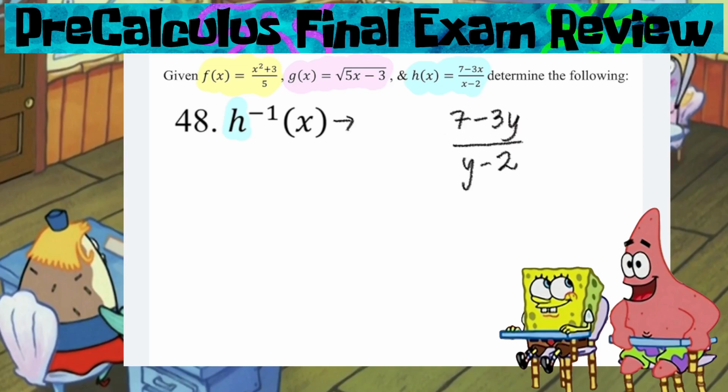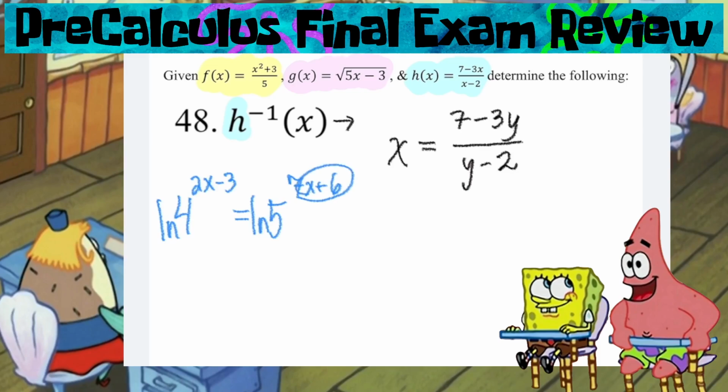solving a natural log equation, where it looked like, I'll show you right over here, let me grab a different color. If you remember when we had something like 4 raised to the 2x minus 3 equals 5 raised to the 7x plus 6, something like that. If you remember, we took the natural log of both sides. The power came out front using the power property.